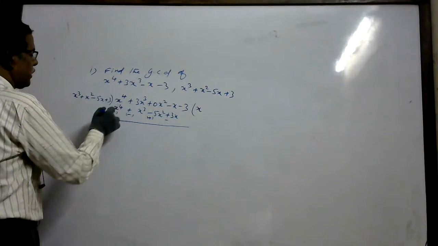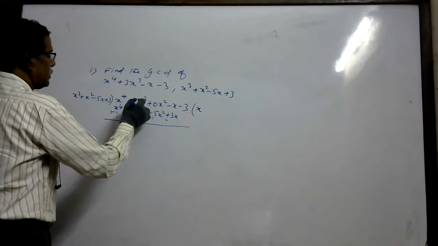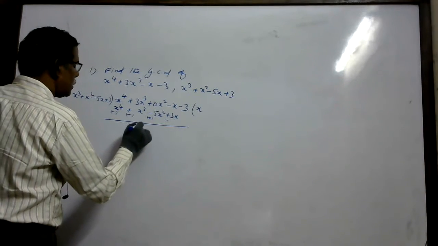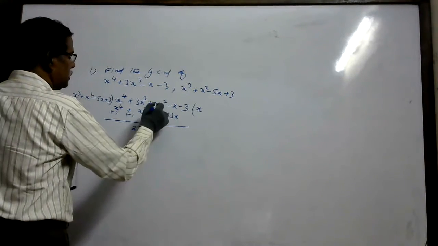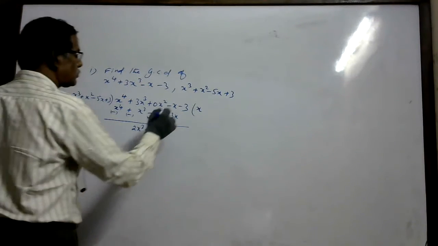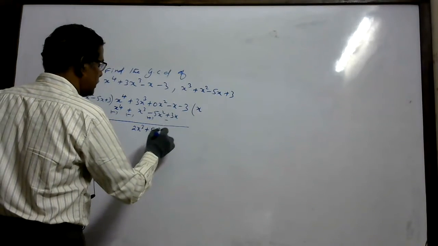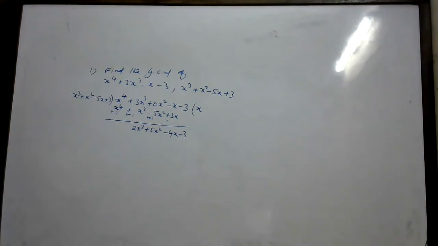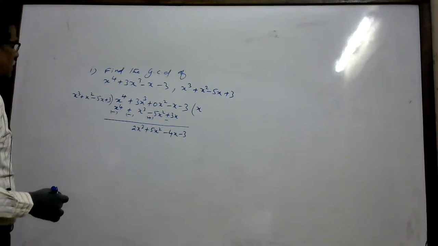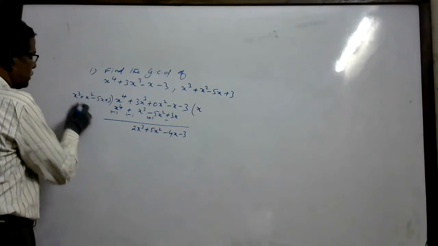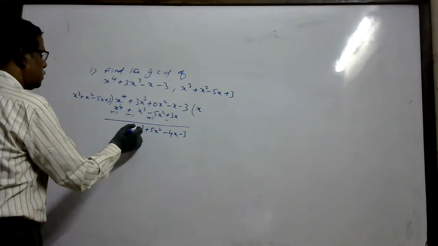Now this x power 4 cancels. 3x cube minus x cube, so 2x cube. 0x square plus 5x square, so 5x square. Minus x minus 3x, so minus 4x minus 3. Now, here this x cube and here 2x cube.